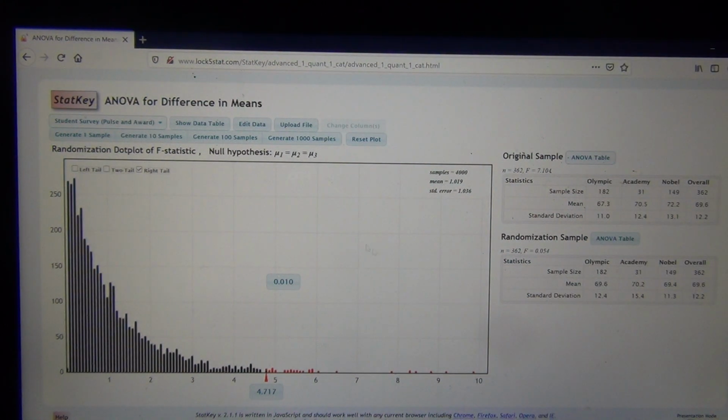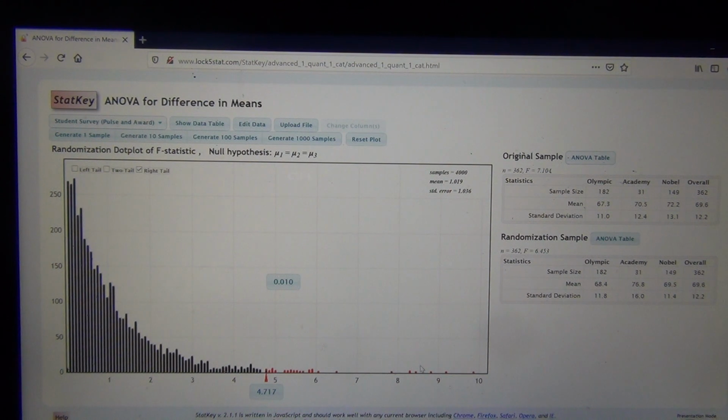Okay, so at a 1% significance level, the computer calculated thousands of F test statistics. They took thousands of random samples, created thousands of F test statistics, and put them on the same distribution. So this really is an estimate of the critical value. The simulation thinks that the F test statistic has to be 4.717 or greater to be considered significant.